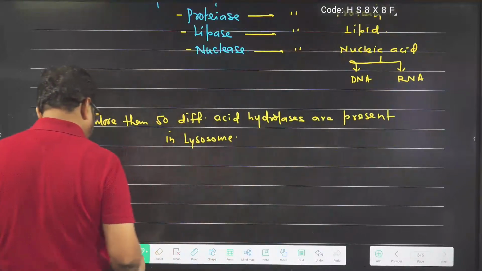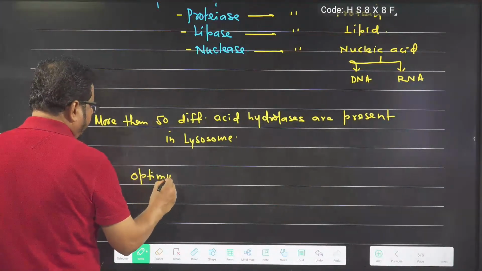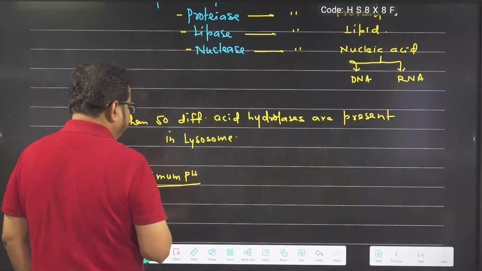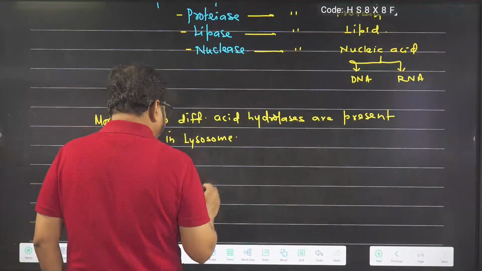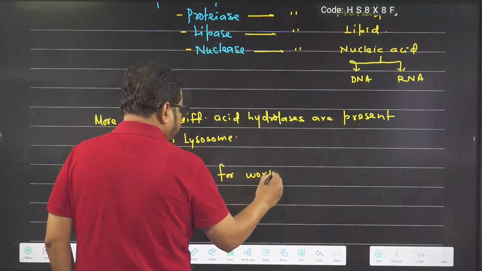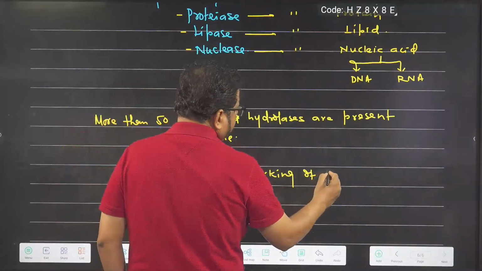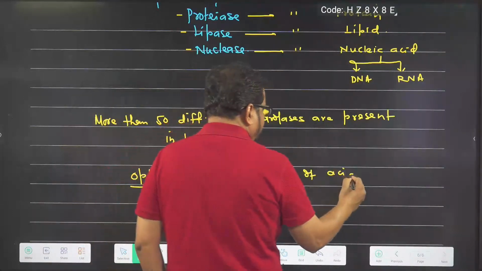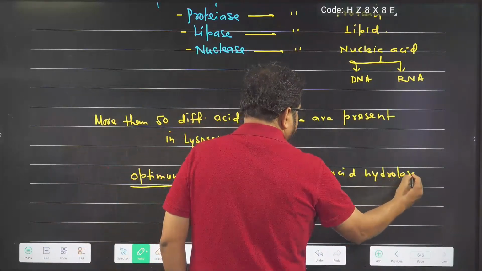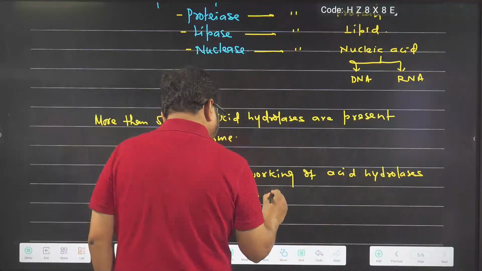Right. So, optimum pH. Optimum pH means the pH at which it is showing the best activity. So the optimum pH for the working of acid hydrolase is 5.